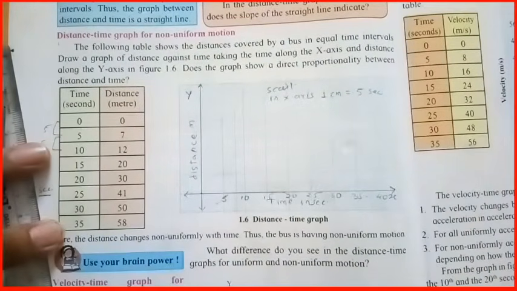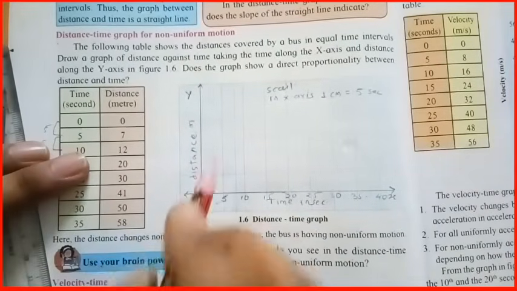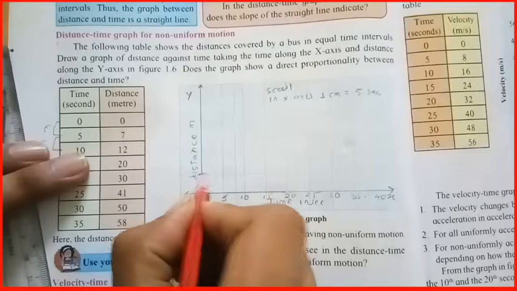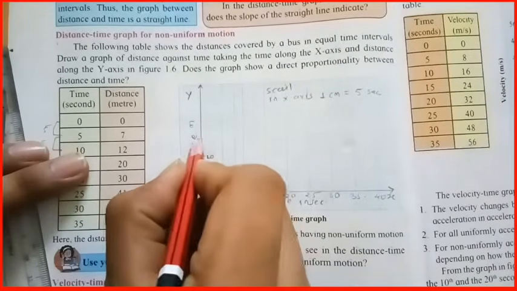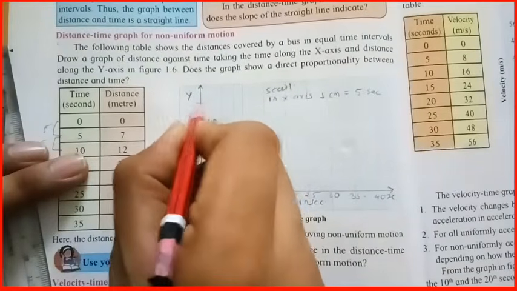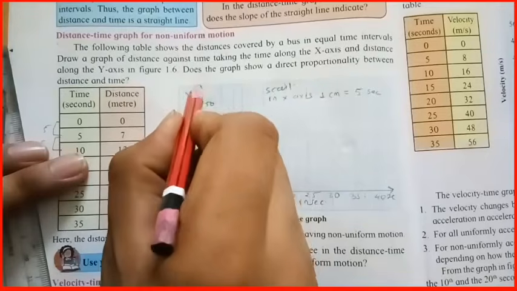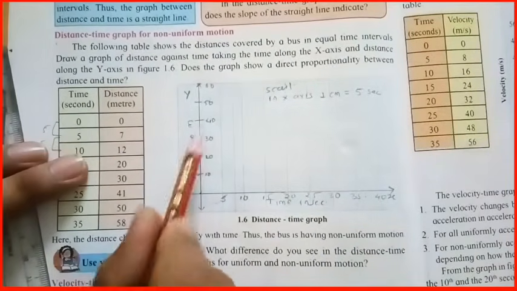Now on the y-axis. So we have 0 distance here, then 10, then 20, then 30, then 40, then 50 and 60. So it is the distance in meters.